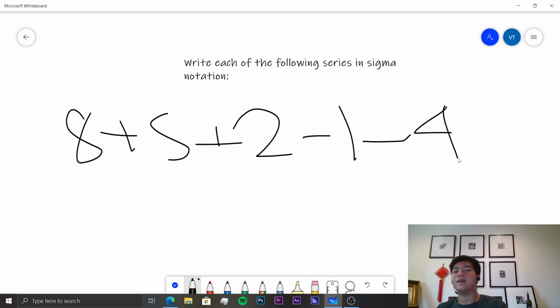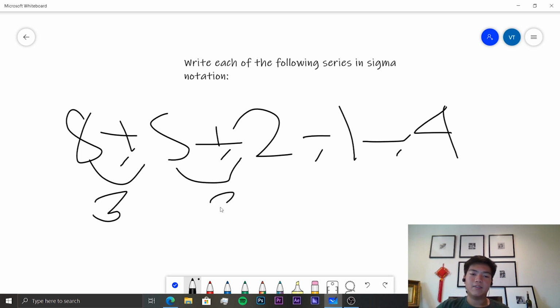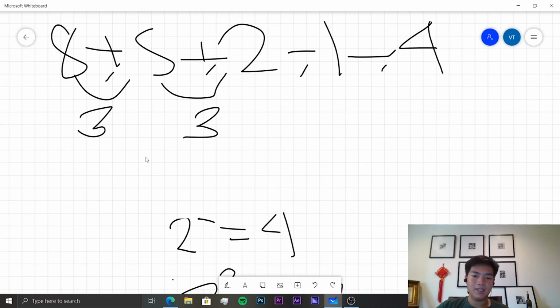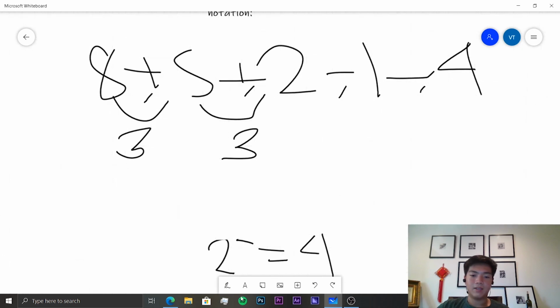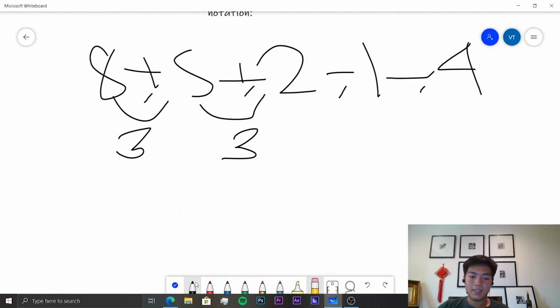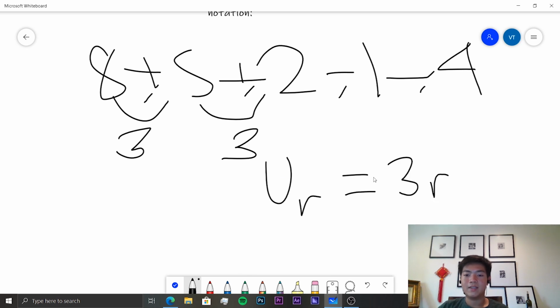And how you think about these series is you want to think of each term as part of a sequence. So what's the difference between these terms? The difference between these terms is 3. It's clearly a linear sequence. So we need to find the general term of the sequence, which in this case is negative 3r, because we're going down.